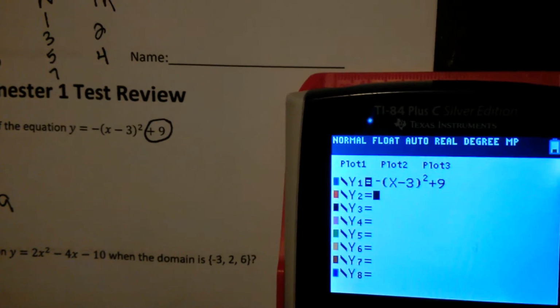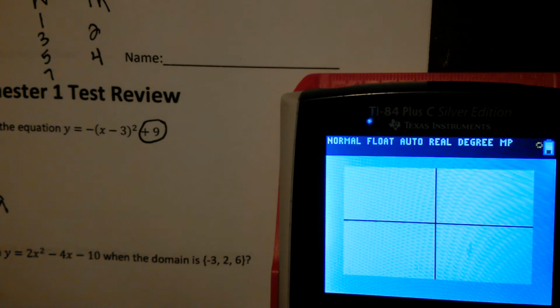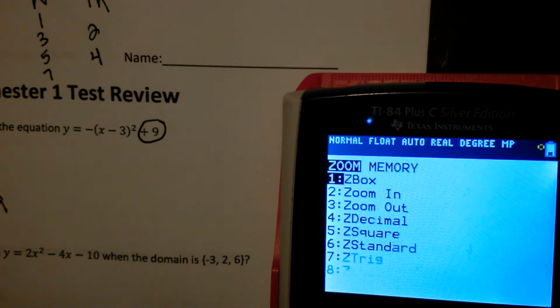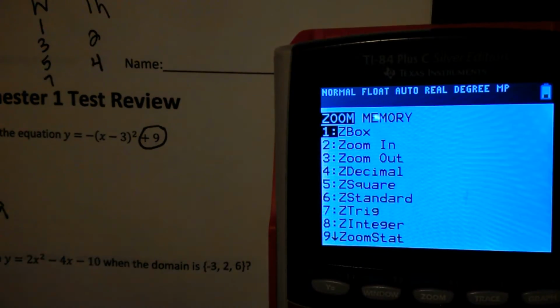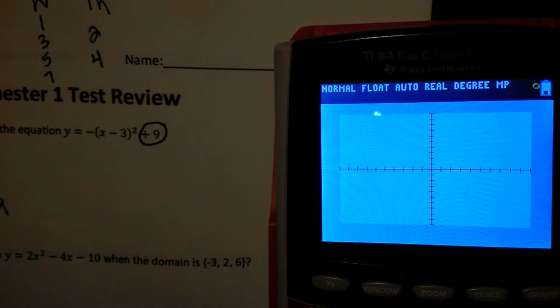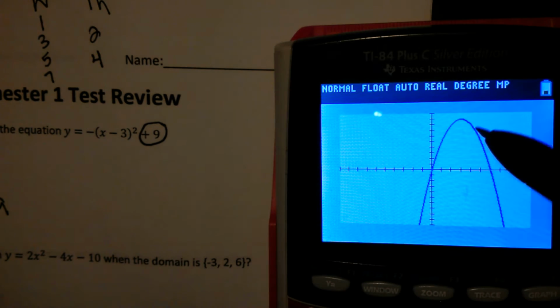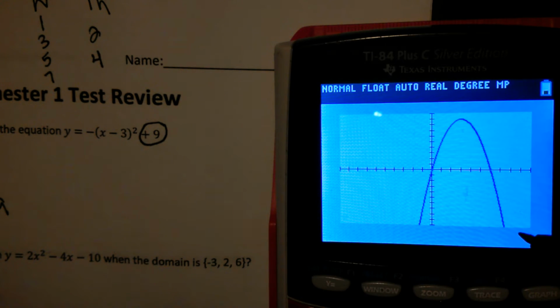So I put it in y equals. I'm going to go to the table. Well, I'm going to graph it first and then go to the table. Oh, my window is bad. Window. I'm going to go to zoom and press 6, and it goes back to a standard window. Okay, so it's way down here, and it comes up, and it hits 9, and it comes back down.